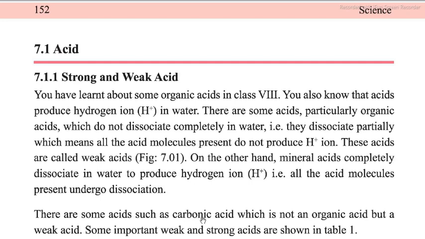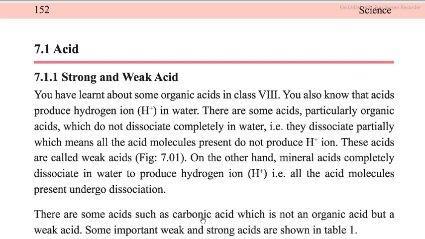Now the question is, what is carbonic acid? Carbonic acid is a type of weak acid formed from the dissolving of carbon dioxide in water. The chemical formula of carbonic acid is H2CO3.